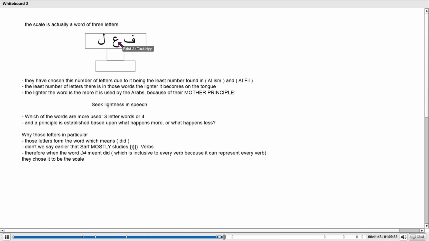Then they said, okay, which verb are we going to put in the scale? So there is one verb which can be a substitute to any other verb. It can be an alternative to any verb.